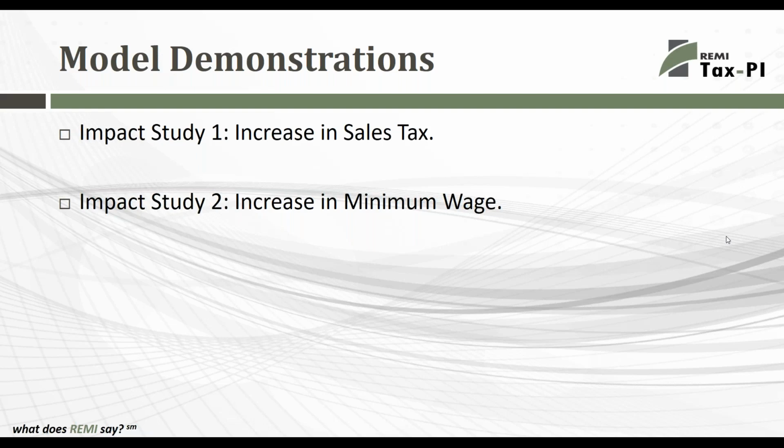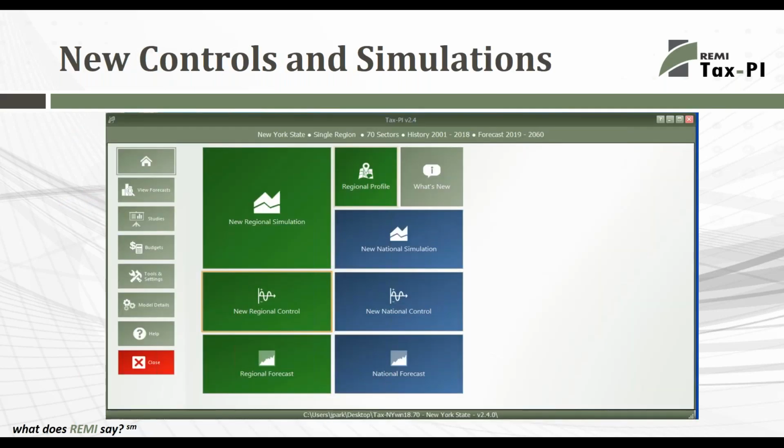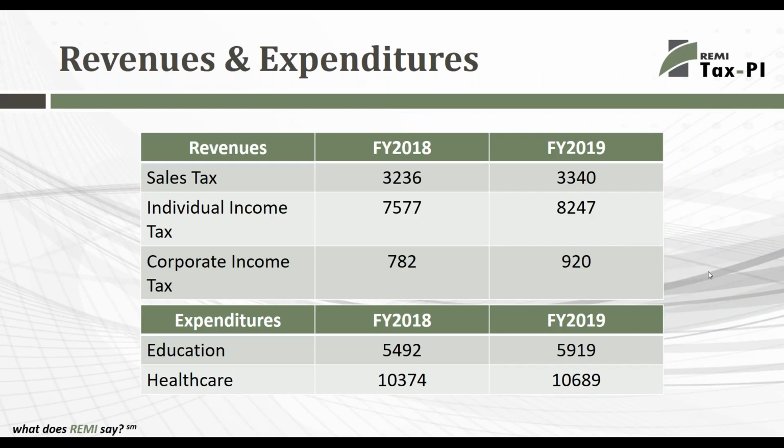Before I start using the model, once you open the TaxPI model, you will see this as your home page. We'll see it with a live demonstration. Don't worry. I just want to make sure we have one more slide at the end. Here we go. Hold on. Yeah, I added these numbers, figures for revenues and expenditures.